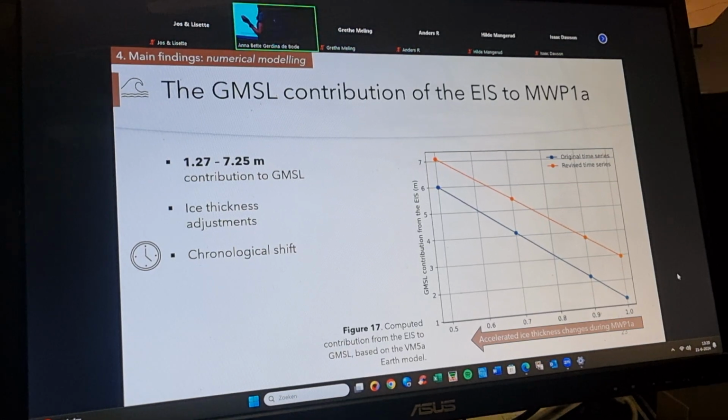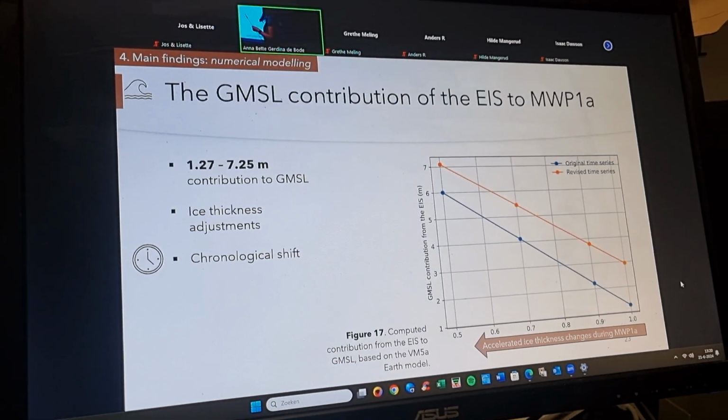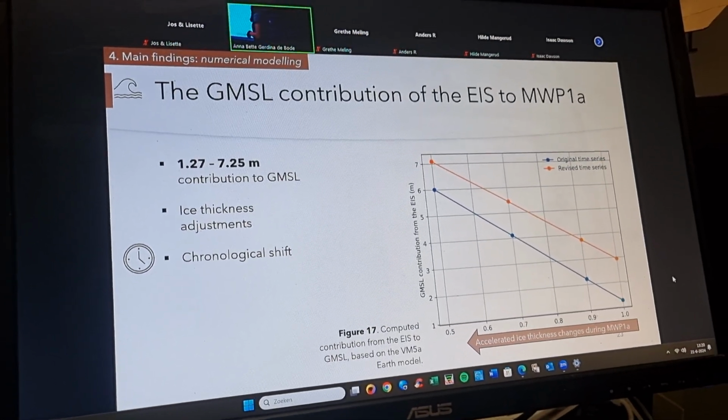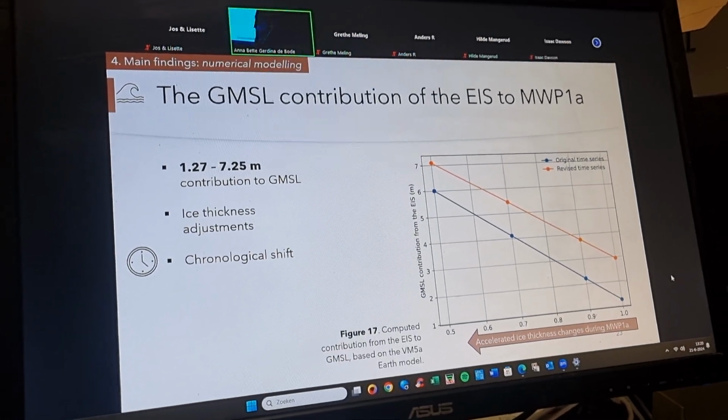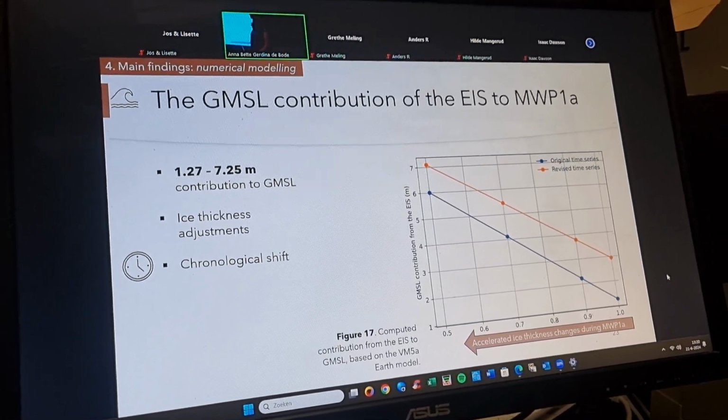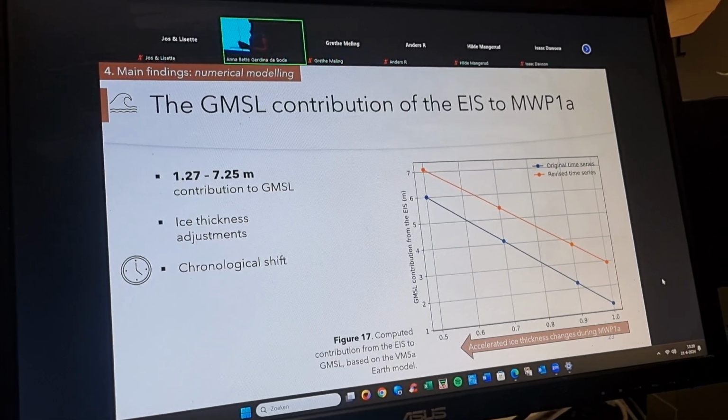And then this chronological shift is very interesting because it also, in general, gives a much higher contribution from the Eurasian ice sheet to meltwater pulse 1A than the original time series.